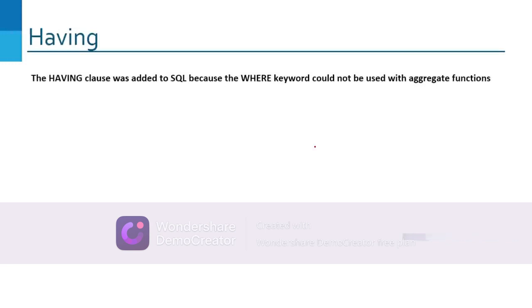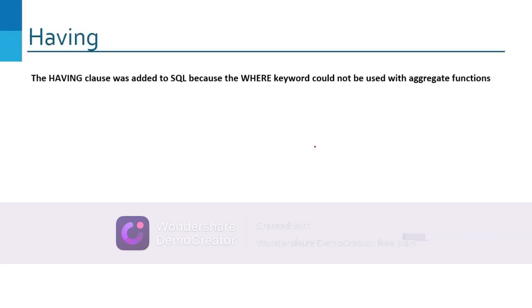Okay, again I have already told you this, but reiterating that all these clauses, which are where, having, order by, and group by, have one sequence which you need to follow. The second thing is, why is there group by, having, and where? Because there's a difference between all three. Group by actually groups something.